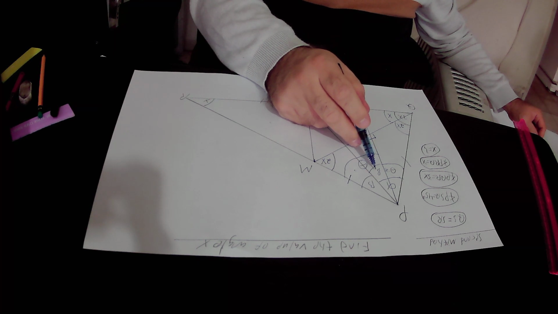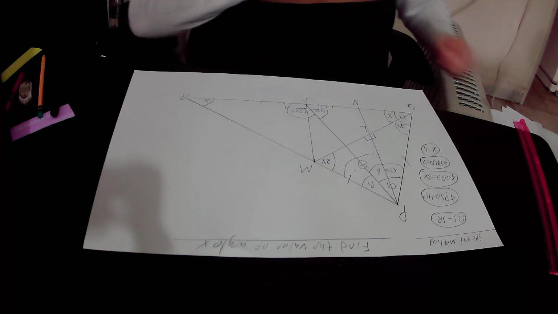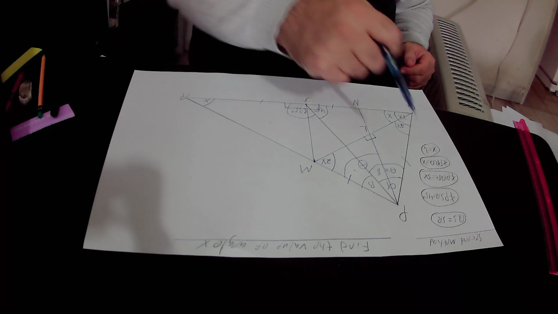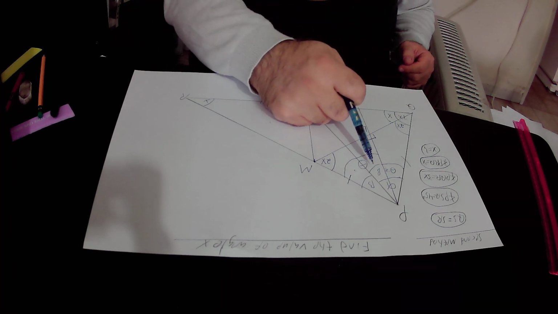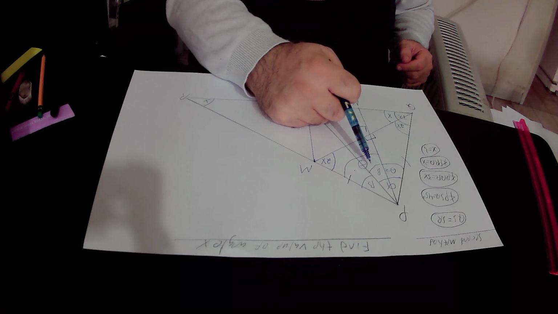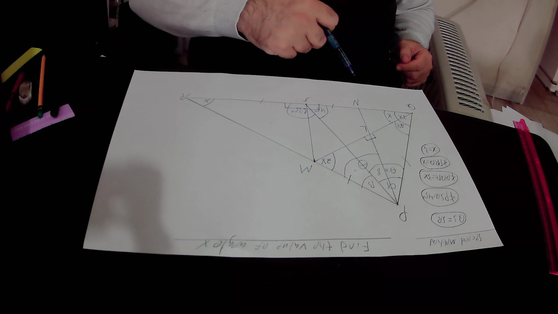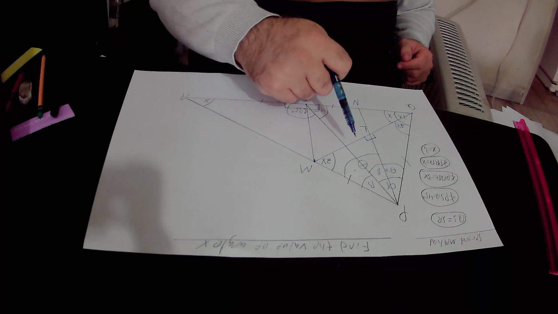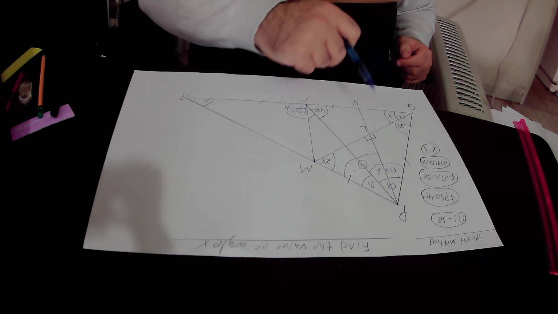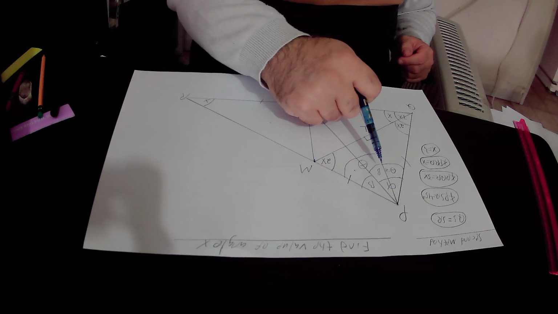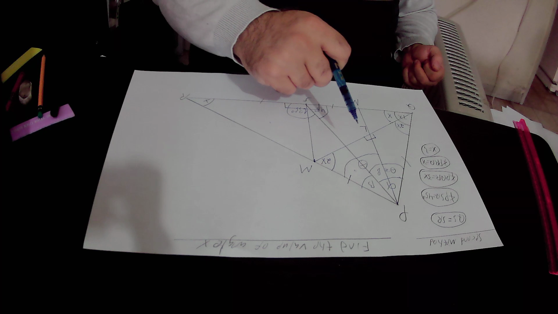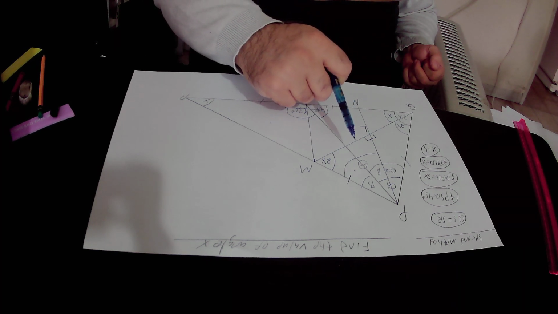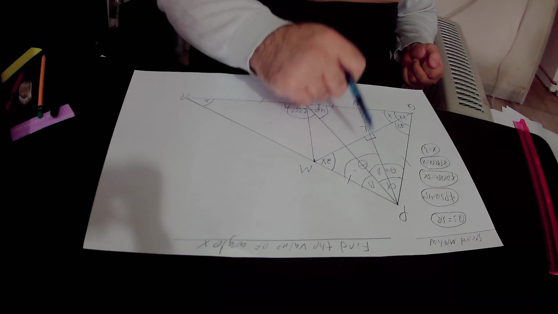Angle NPS must be equal to beta because angle NPM equals theta, and theta equals 2 beta. So if this angle is beta, the other must also be beta in order to get the equation that 2 beta equals theta.